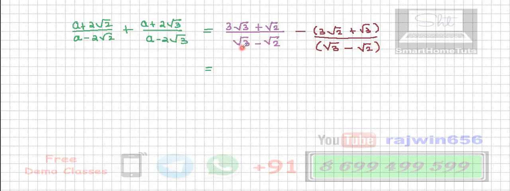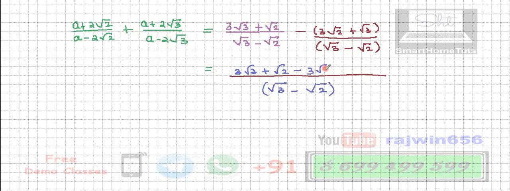Okay, now the denominators are same, so straight away I can write the same term, root 3 minus root 2, for the denominator. I'm simply going to add all the numerators. So 3 root 3 plus root 2 minus 3 root 2 minus root 3.